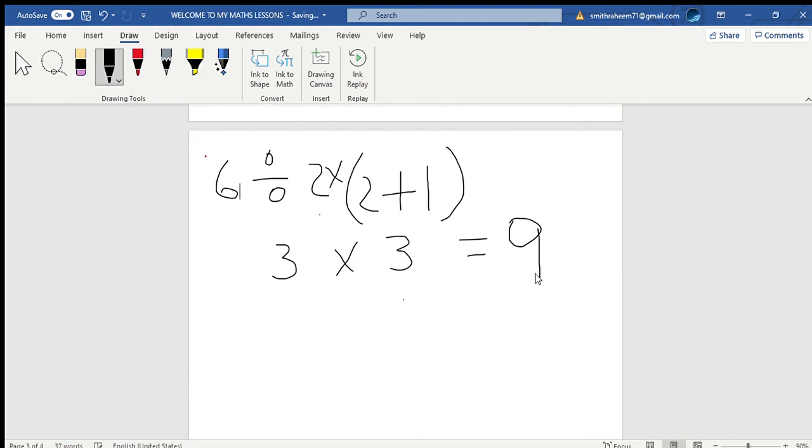Okay, so this one was a really easy problem. You could write down this, and if you're not sure how I got the 9, you could leave your comment in the comment section and I will assist you.